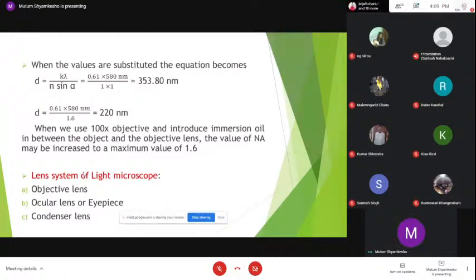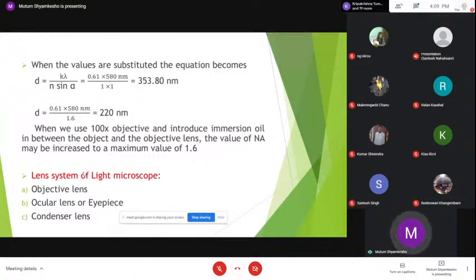This immersion oil has a refractive index of approximately 1.55, and when we take this refractive index value of 1.55 and use the 100x objective, then the NA value can be increased up to 1.6.